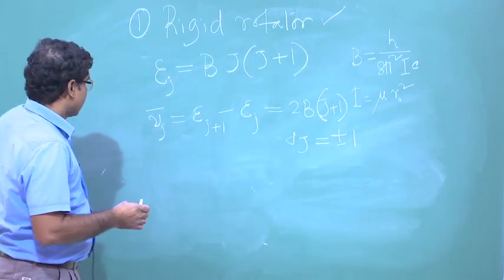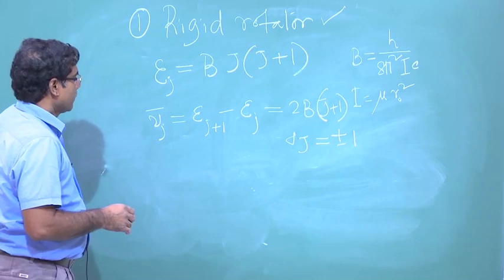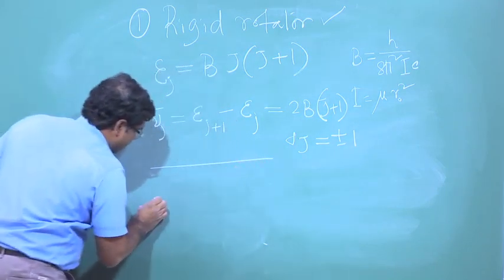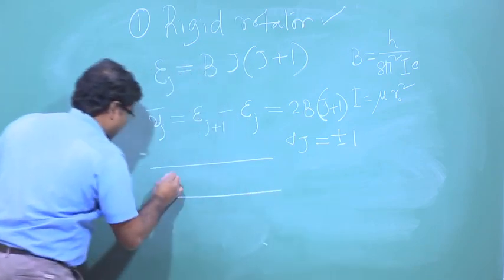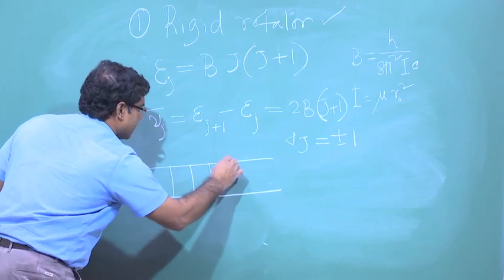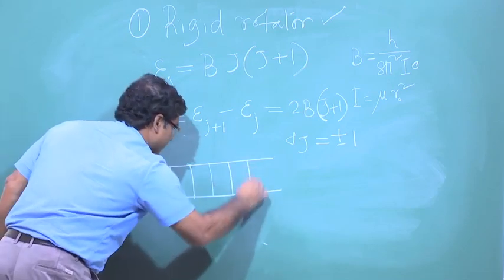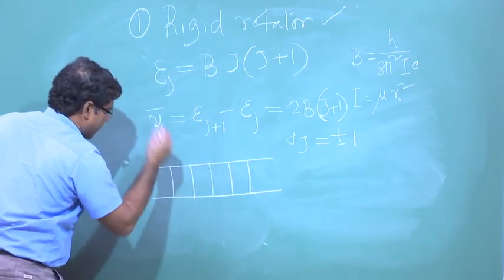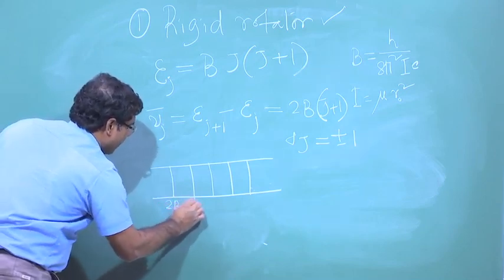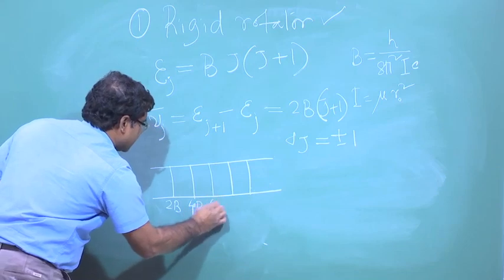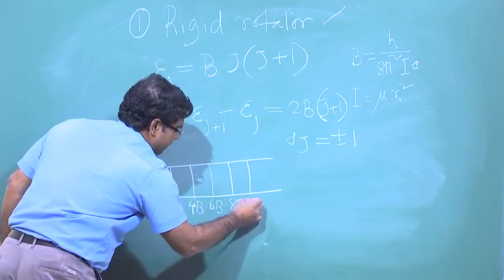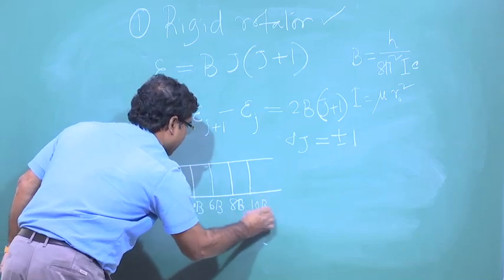seen that we will get spectral lines that are equispaced. The energies of the spectral lines will be 2B, 4B, 6B, 8B, 10B, right.